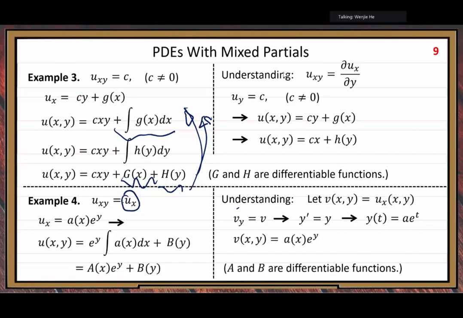A is differentiable, but B we may not need to be differentiable, right? Ideally, we may like it differentiable.